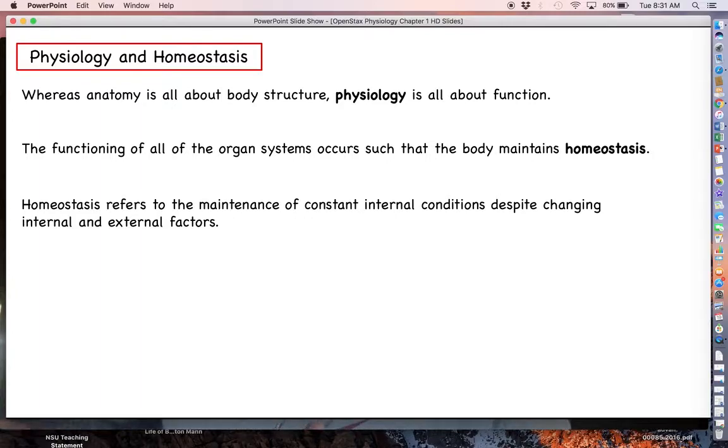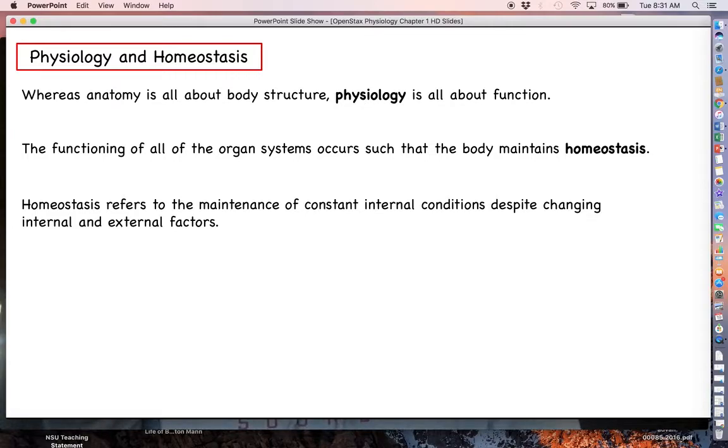So there are all these different parameters about your body, like your blood glucose and your body temperature, that if we left them completely alone, they would start wildly fluctuating. So your body's function is all about making sure that we maintain those parameters within a very strict set of limits.